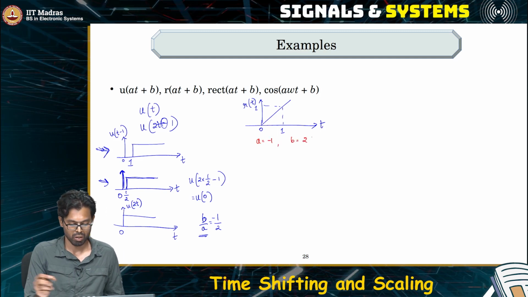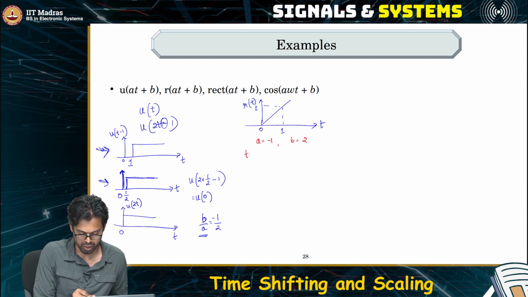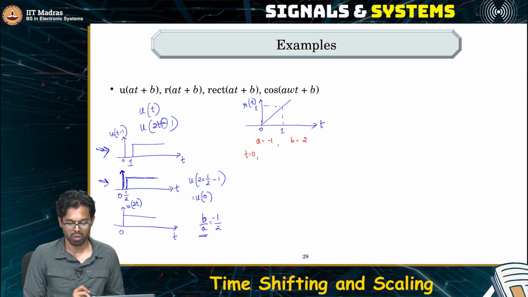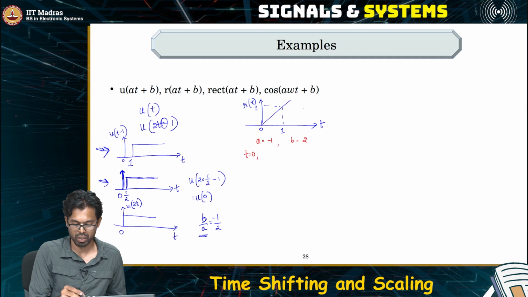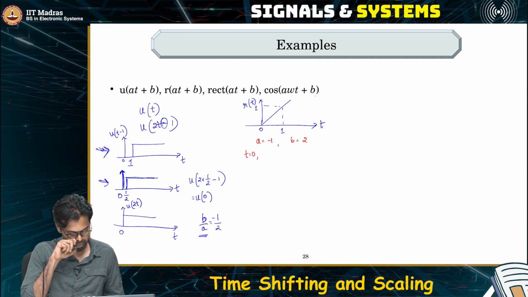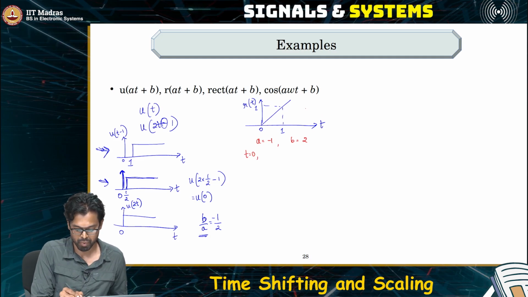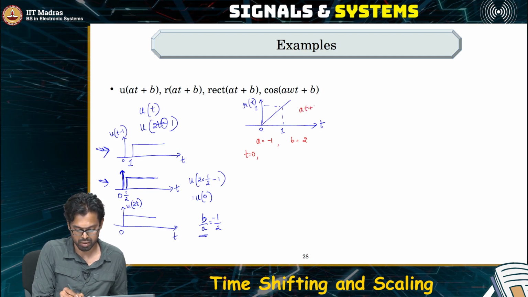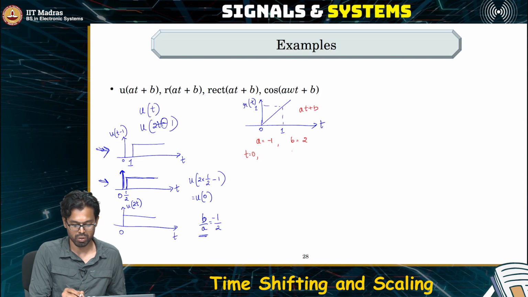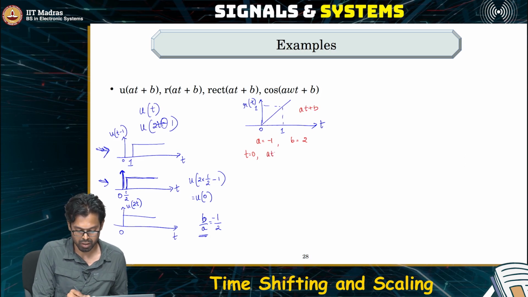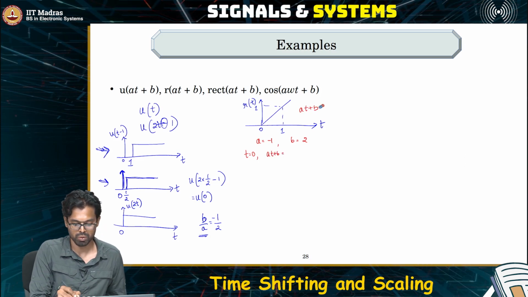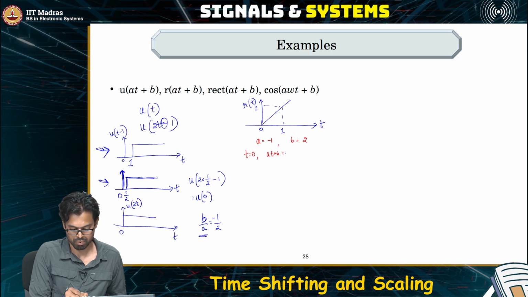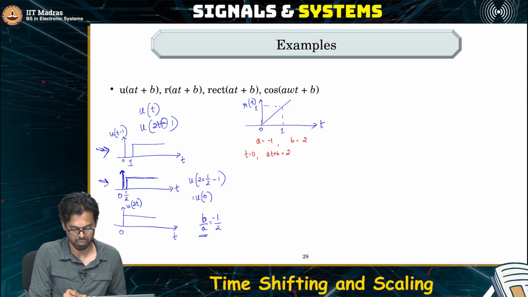Now for t equal to 0, any point here gets mapped to AT plus B, right? So for t equal to 0, AT plus B is just 2.